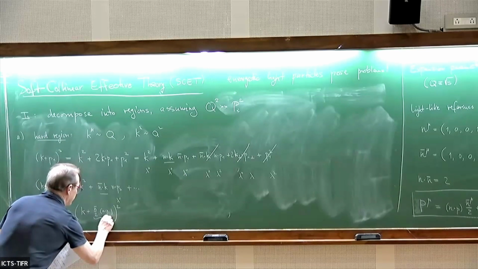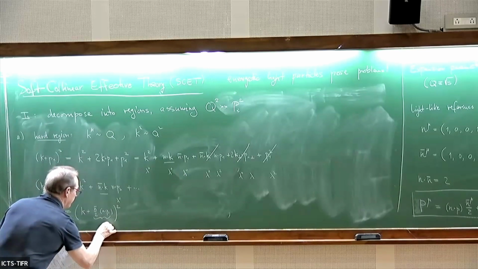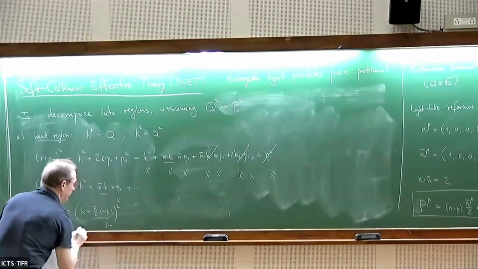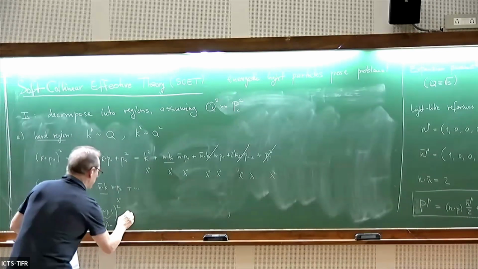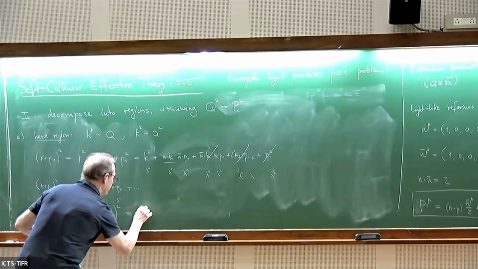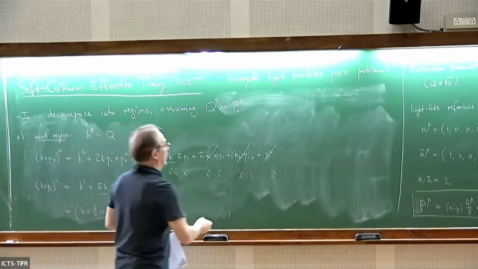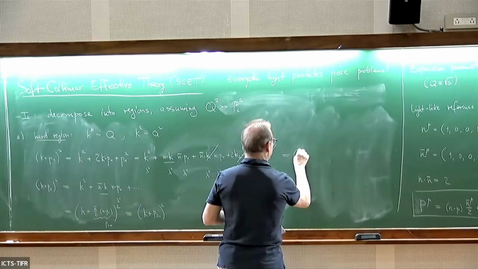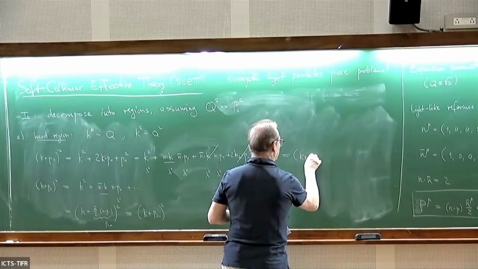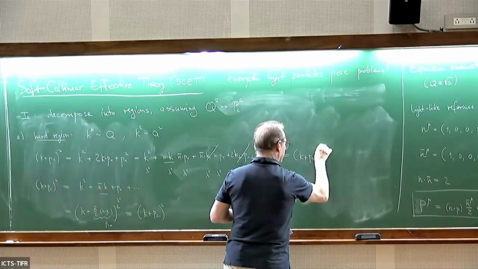I will call this p2 minus. This is sort of the minus component of this momentum p2. So I will call this k plus p2 minus squared. And likewise, I will call this k plus p1 plus squared.